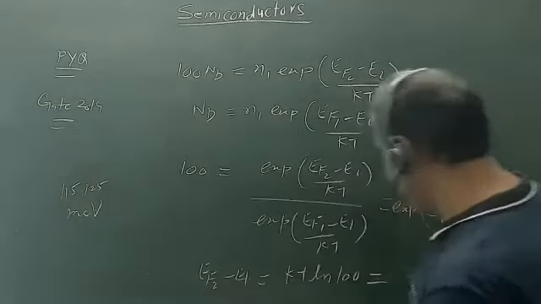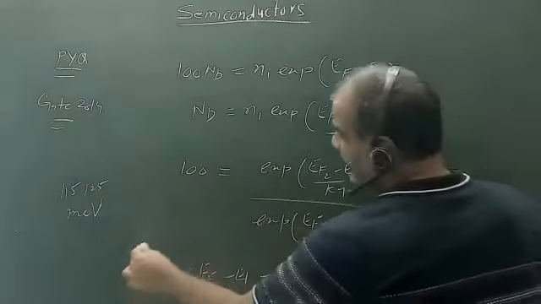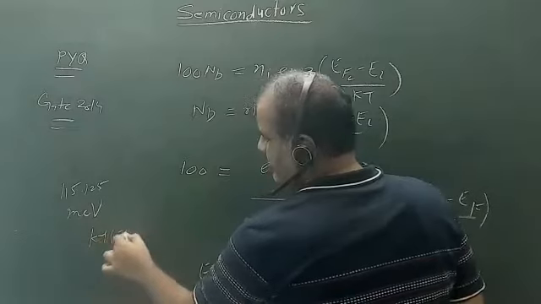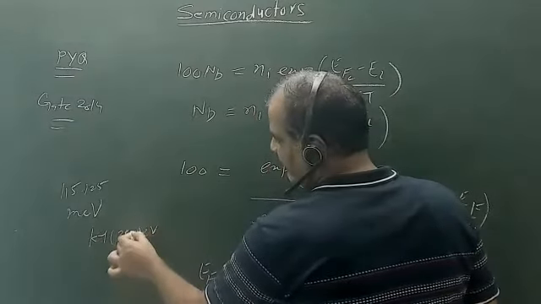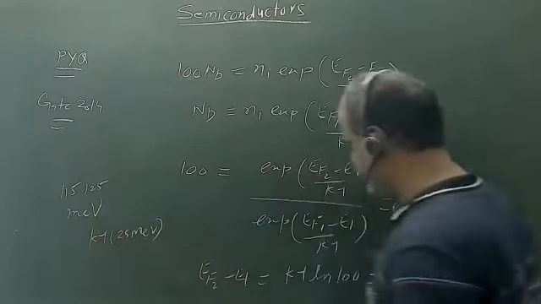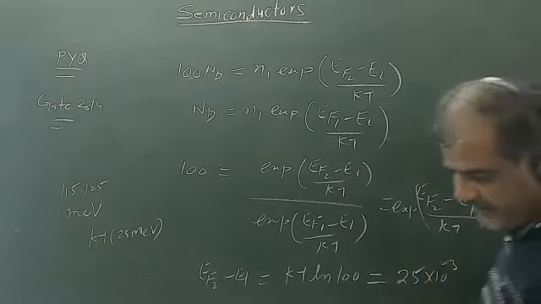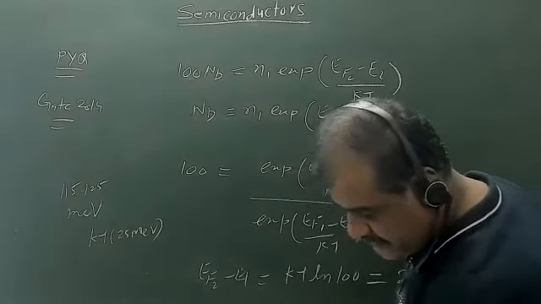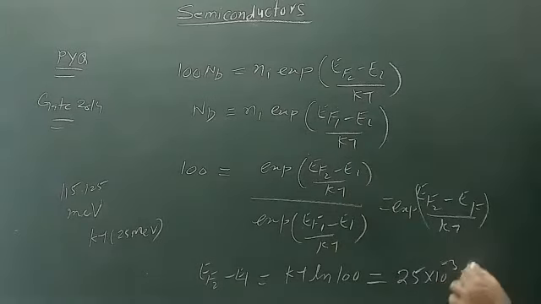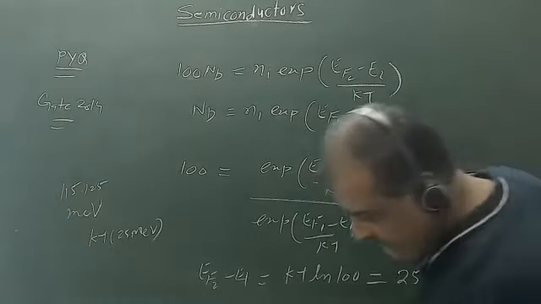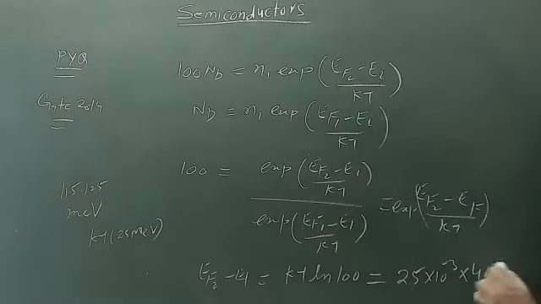What kT did you take? kT is given in the question. Sir, I took 26 milli electron volt. Take kT as 25 milli electron volt. So this becomes 25 milli electron volt, and ln 100 is 4.605.